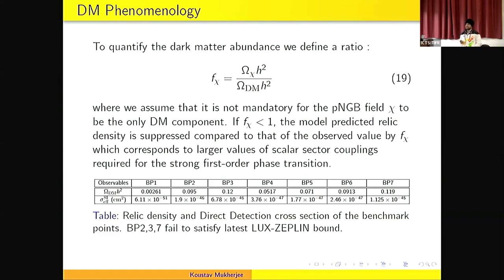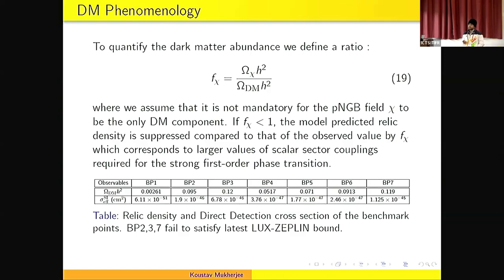Now, if Fi is less than 1, the model predicted relic density is suppressed compared to the observed value. Fi is near to 1 for larger scalar sector couplings. So these are the corresponding dark matter observables, direct detection cross section, and relic density.